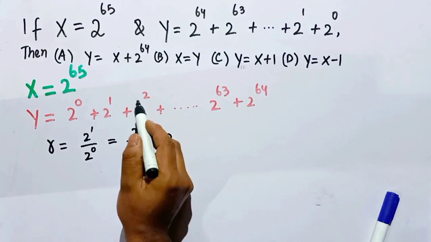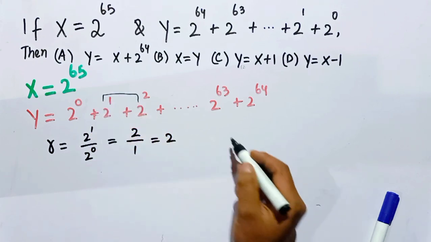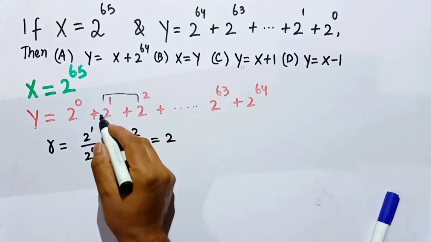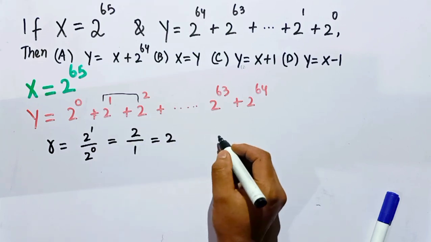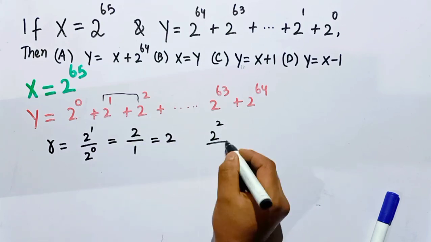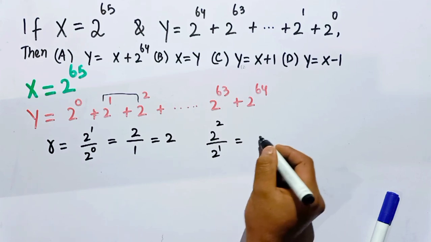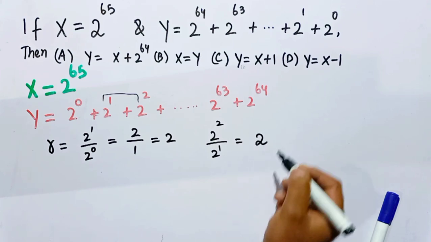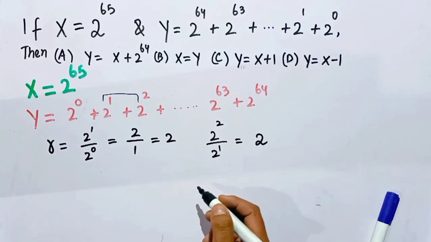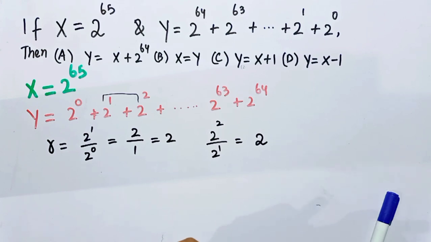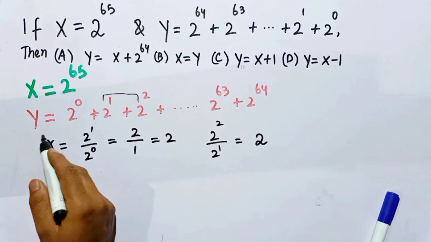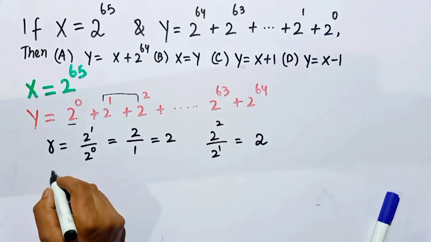You can take any two successive terms. Let us take these two: 2 squared upon 2 to the power 1 will also be equal to 2. So the common ratio is 2.